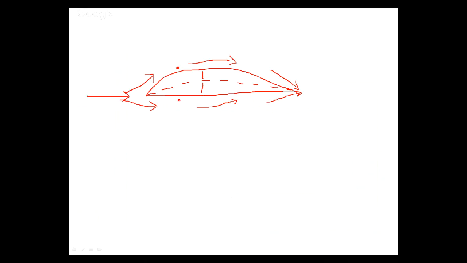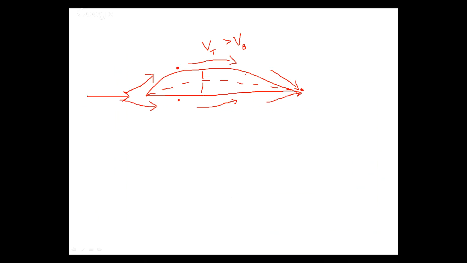So if this molecule on the bottom of the wing and this molecule on the top of the wing are going to meet each other at the back of the wing, what must that top molecule traveling through the air do? Does it have to travel faster or slower than the bottom molecule? Faster? Yes, faster. So V top is going to be greater than V bottom.